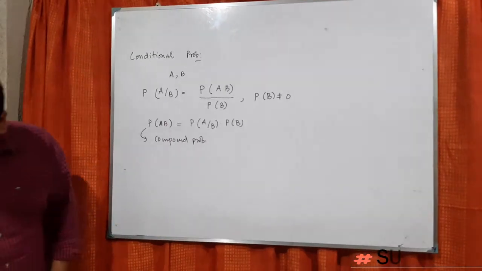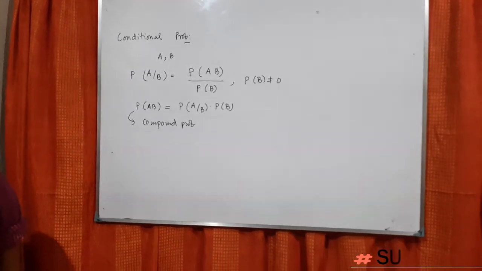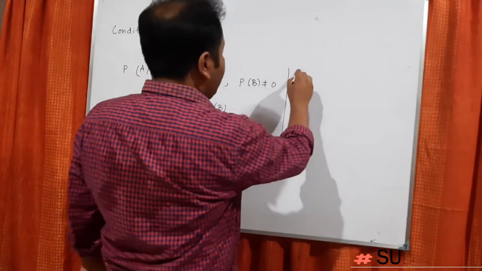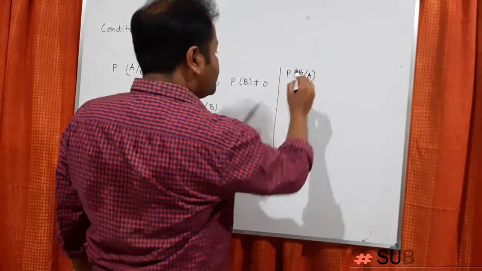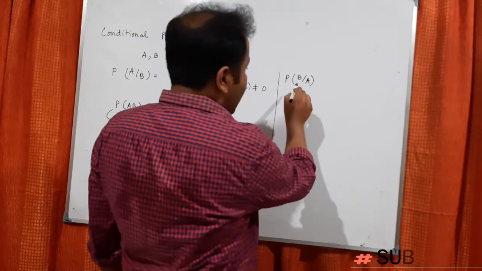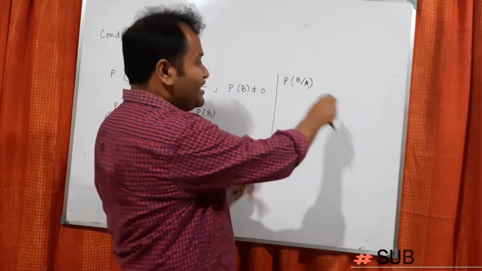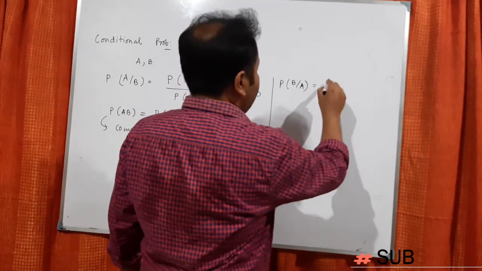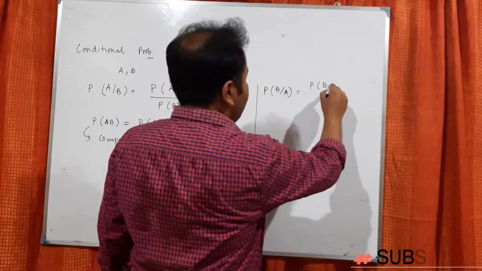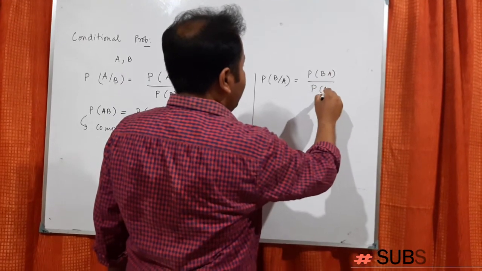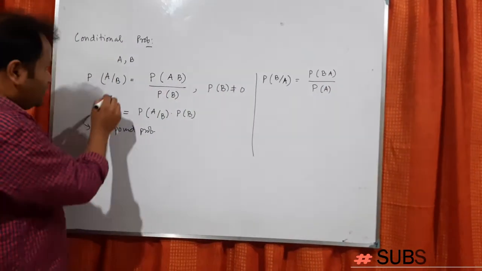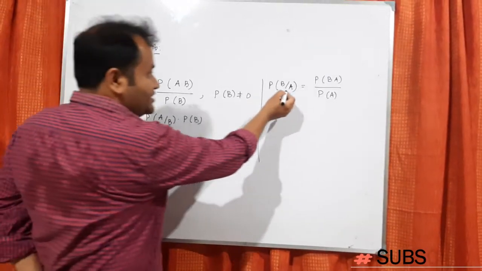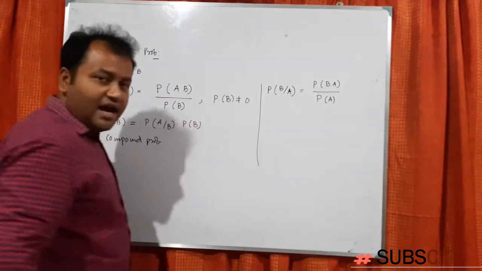Fine. Now in a similar manner, you can write P of B by A also. That is, now in the background A is happening, and out of that how many times B is happening. So this is actually P of BA divided by P of A. You always remember the formula: if it is divided by B, it should be B in the denominator. If it is divided by A, it should be A in the denominator.